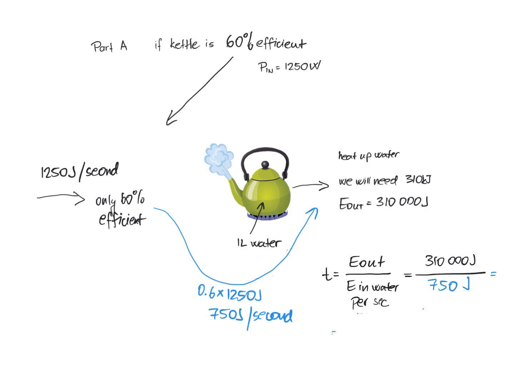If we do this calculation, we would find out that it's about 413 seconds, which is approximately 6 minutes and 53 seconds. Right? So in this case, it takes longer because it's only 60% efficient.